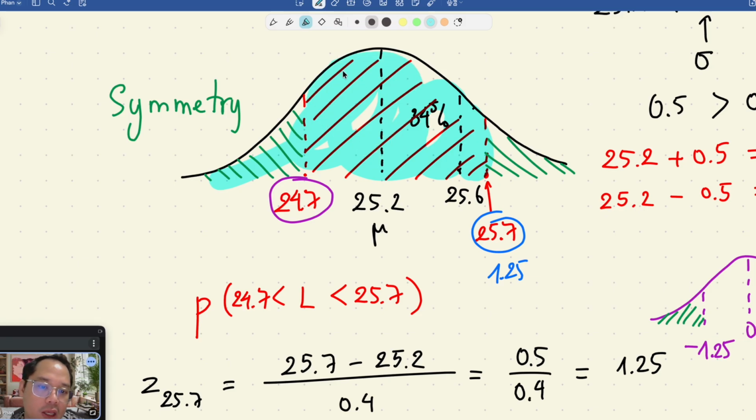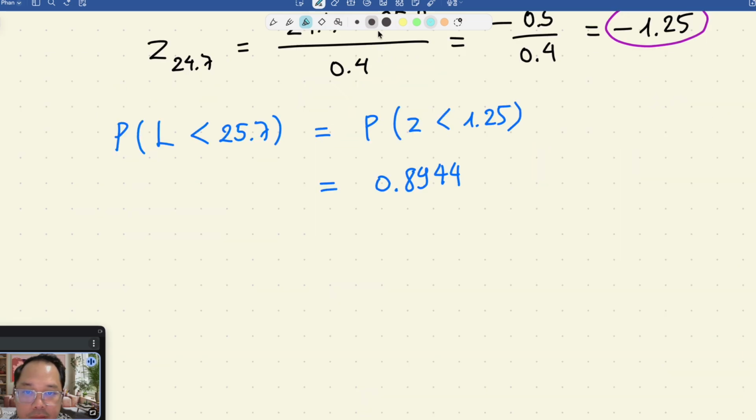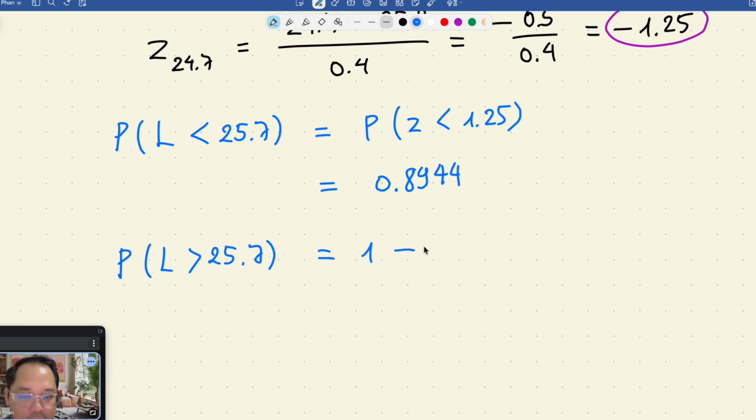Now I'll take 100% and subtract that value to get the area of the green color region here, which means the probability of the length greater than 25.7 is 100% minus 0.8944.